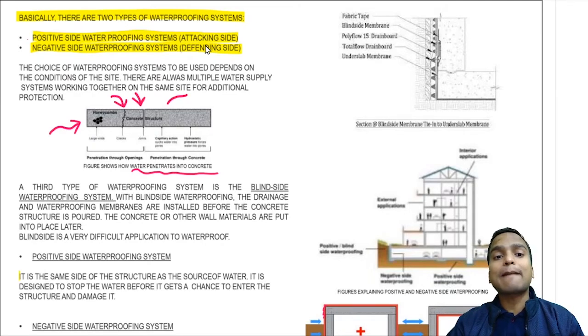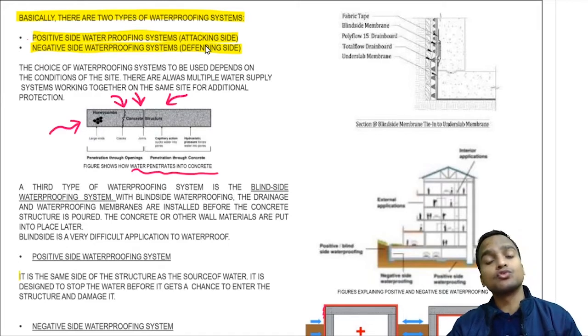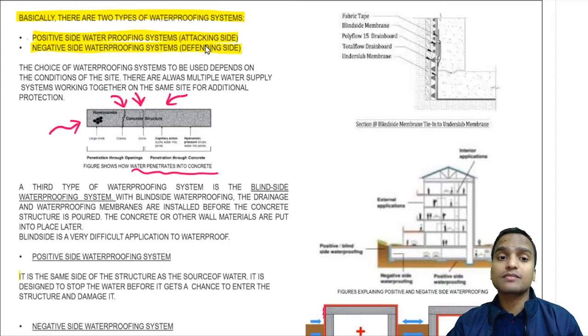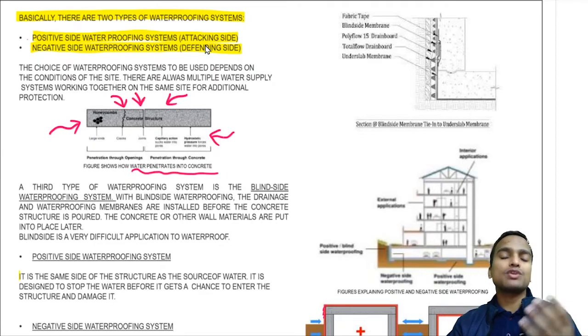Then it is the capillary action of porous concrete itself which is a source of water intrusion. And then there may be hydrostatic pressure exerted from the soil surrounding the foundation. So that's why we choose the type of waterproofing system depending on the site condition.